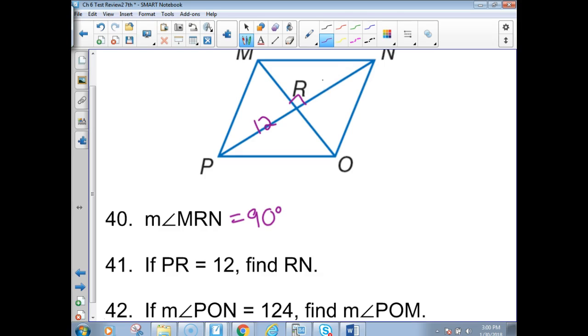It would also be 12 because the diagonals bisect each other. And if angle PON, that's this entire angle here, is 124 degrees, find POM. Well, these diagonals are bisecting opposite angles. So half of 124 would be 62 degrees. So that's the answer to this.